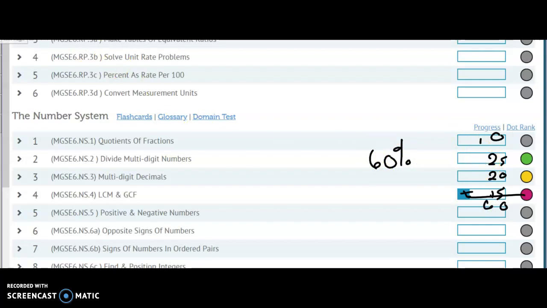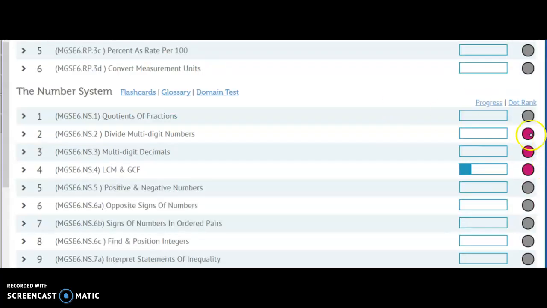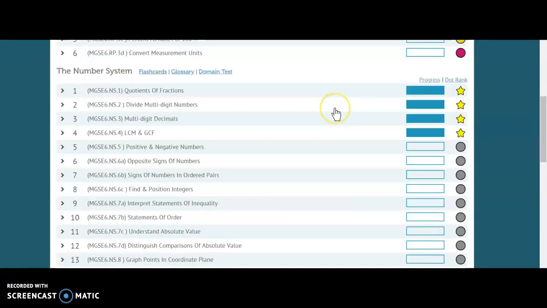Let's look at the next one. All right, now this person has just pinks. So that's 15 plus 15 plus 15. That's a total of 45%. Let's look at this guy. Now this one, we have a star. That means that you have maintained it and you know exactly how to do these problems.